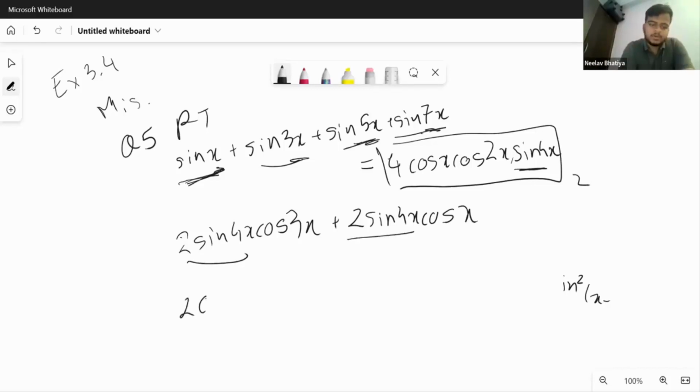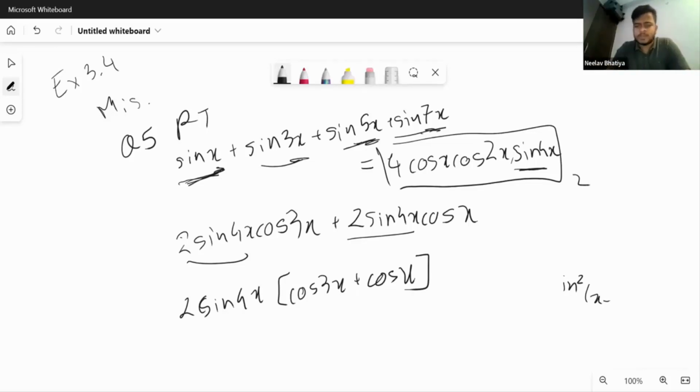Let's take them out. Get 2 times sin 4x (cos 3x plus cos x). Cos 3x plus cos x is nothing but 2 times cos 2x cos x. How do I get there? By applying the formula cos x plus cos y, which is 2 times cos (x plus y) by 2 cos (x minus y) by 2, the same c plus d formulas that I have been reiterating throughout the entire exercise.